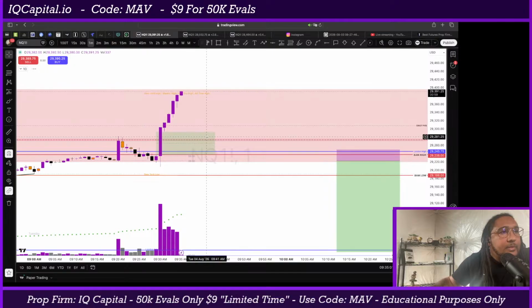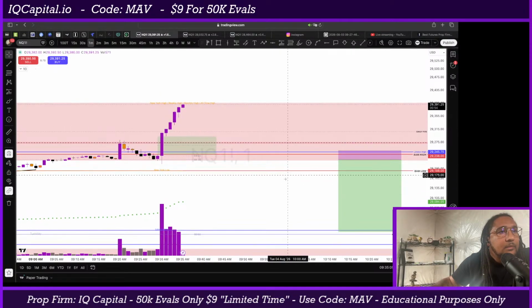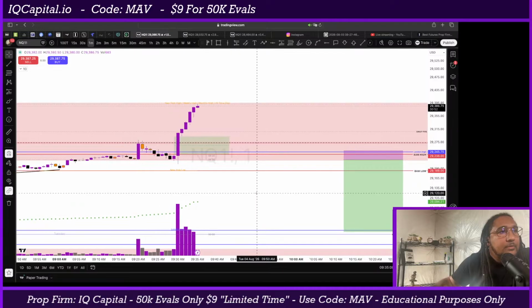This will be our first presented fair value gap here on the 1 minute. There's a key area of interest.